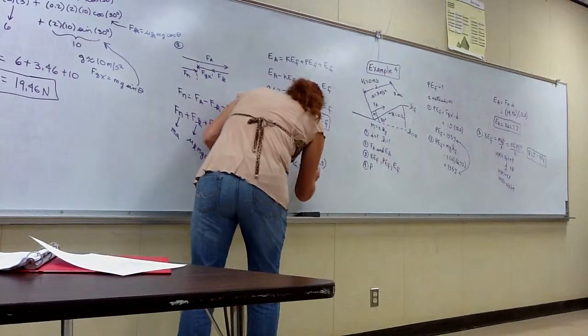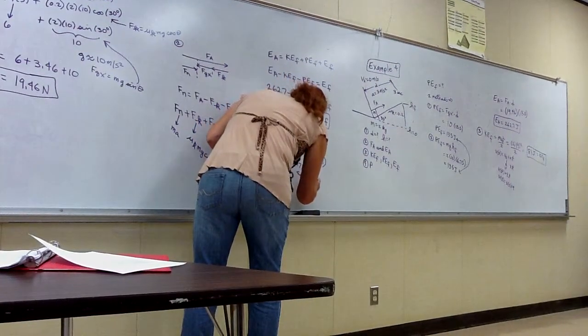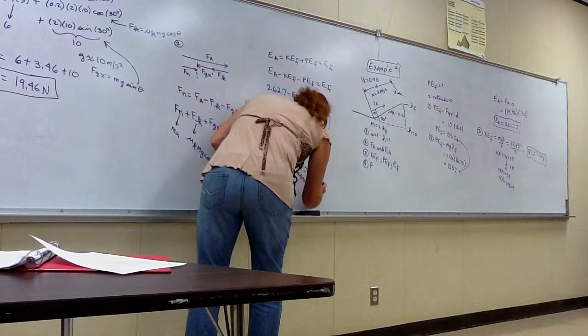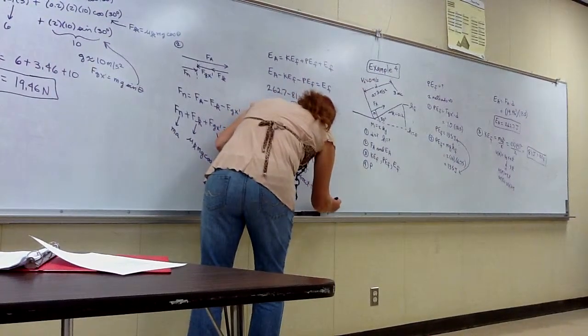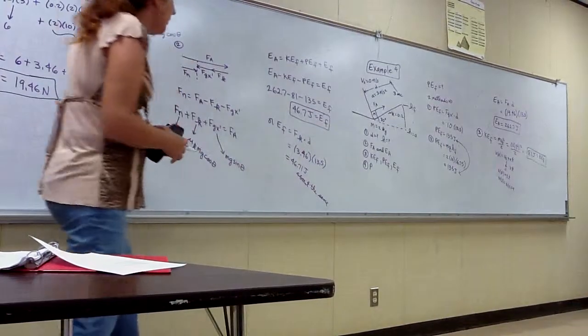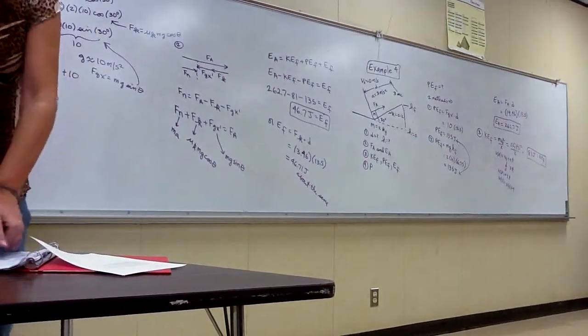And that just leaves us for this problem with one more thing to do, and that's to find the total amount of, or the average power that this applied force gives to the system.